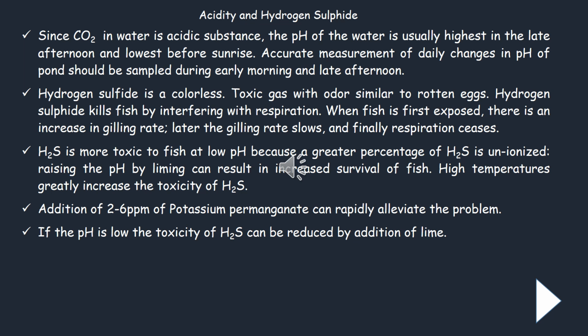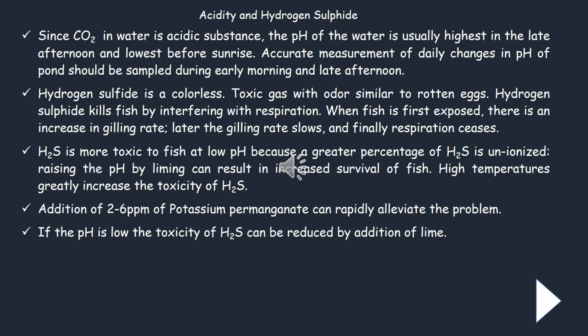Since carbon dioxide in the water is an acidic substance, the pH of the water is usually highest, that is alkaline, in the late afternoon, when there has been enough photosynthesis producing dissolved oxygen and removing carbon dioxide from the water.